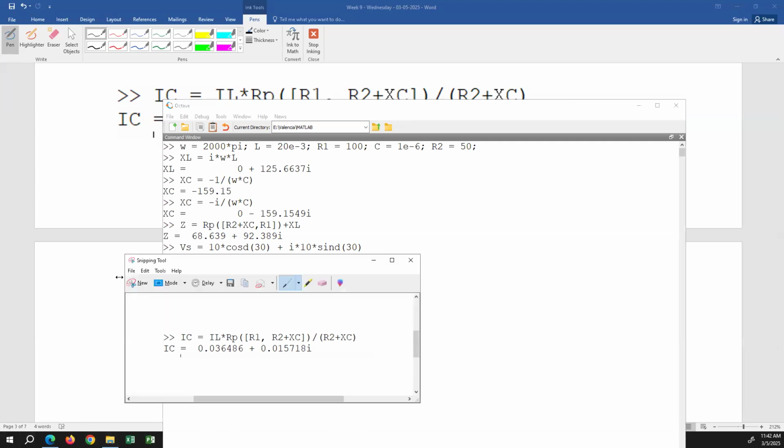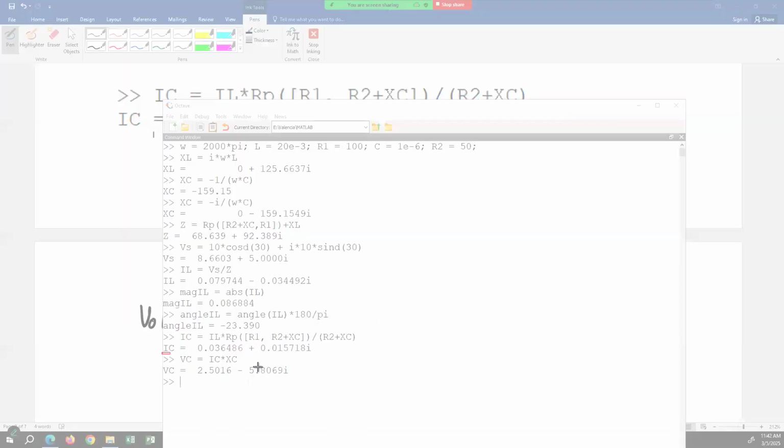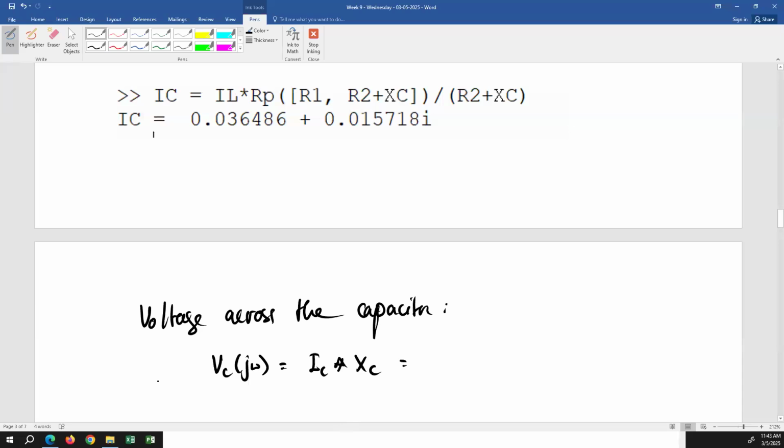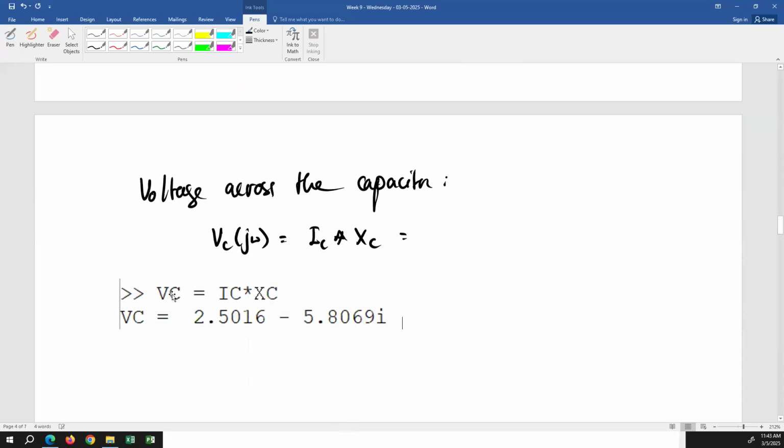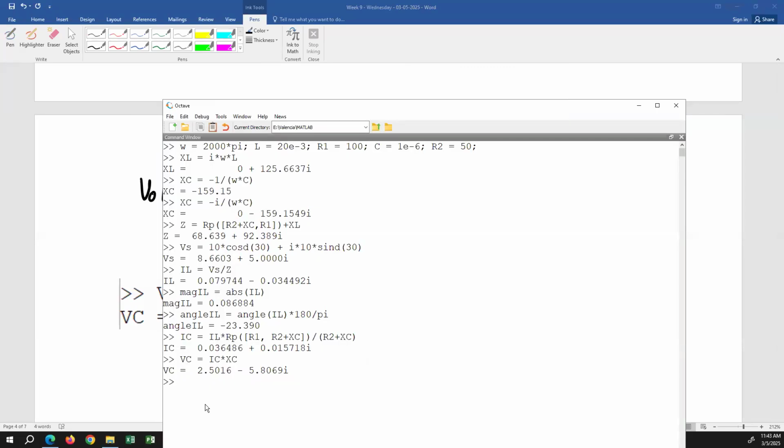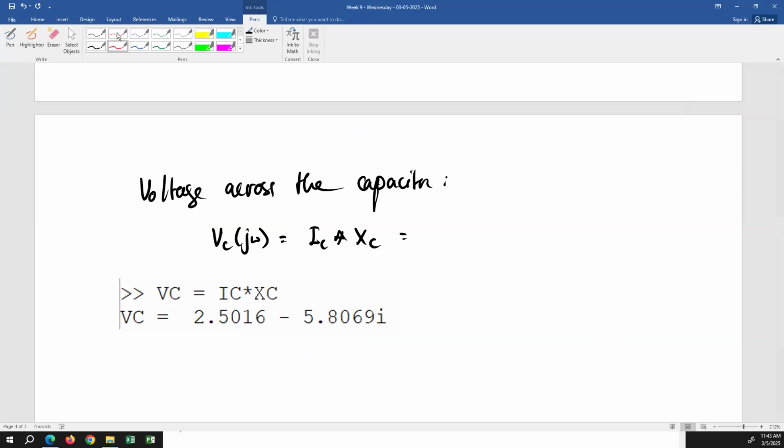Too lazy to write it down. This, and I'm going to convert now, since VC is one of the results, so I'm going to convert that into the polar form. Absolute of VC as the magnitude, and angle of VC times 180 divided by pi. So 6.32 angle negative 66.7.